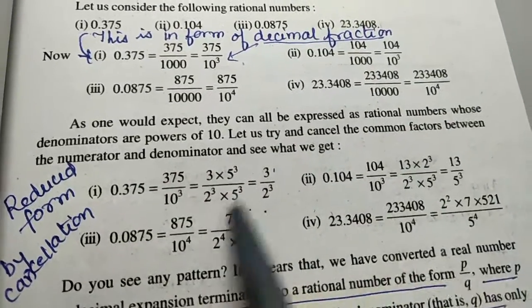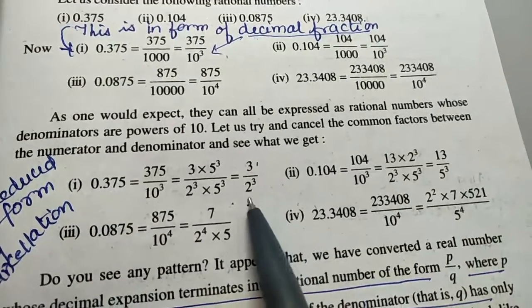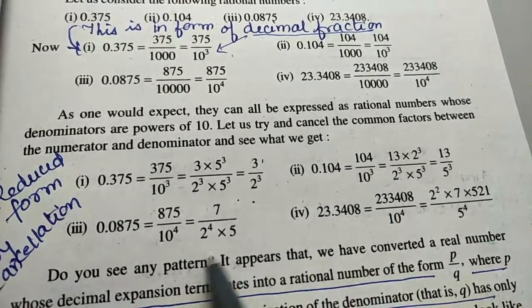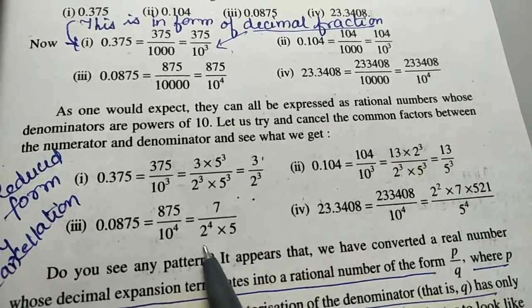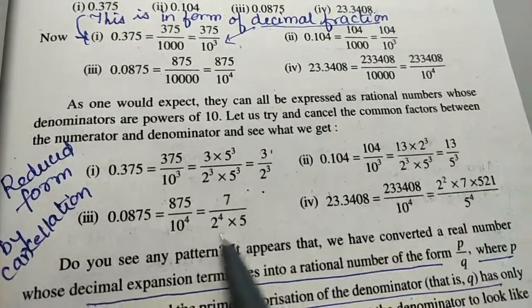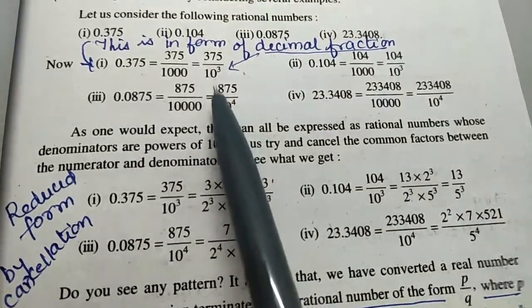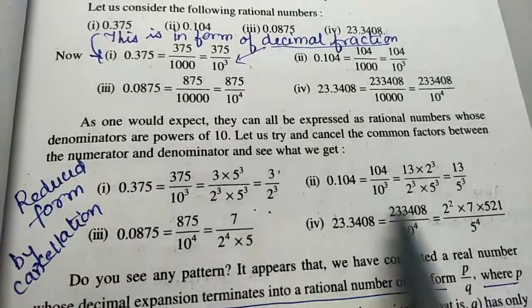When you cancel them you will get the reduced form of these numbers. Now if you see the reduced form properly, all the denominators contain only two numbers, that is 2 and 5. They are in the powers of 2 and 5. Whenever you are reducing these numbers, you will get the denominator in the form of 2 and 5.